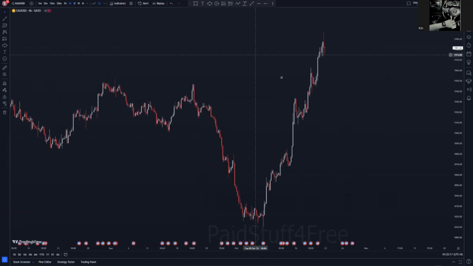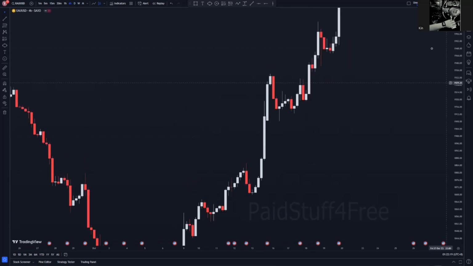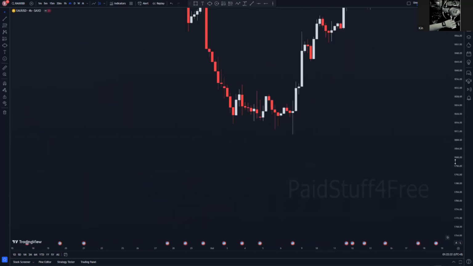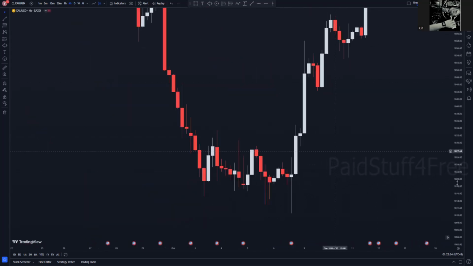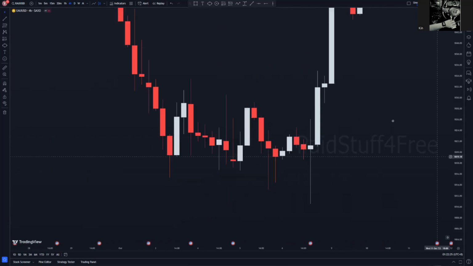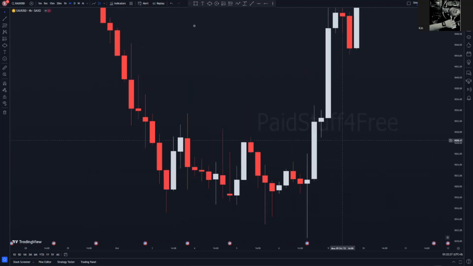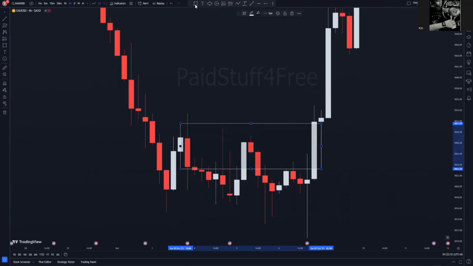So, look over here. Look at these buy and sell zones. We have this sell zone, and we have this buy zone.